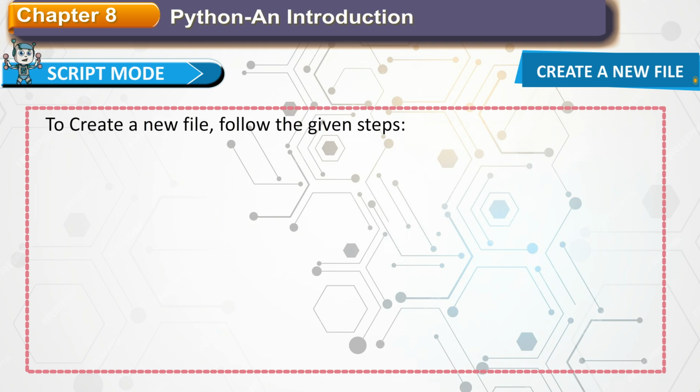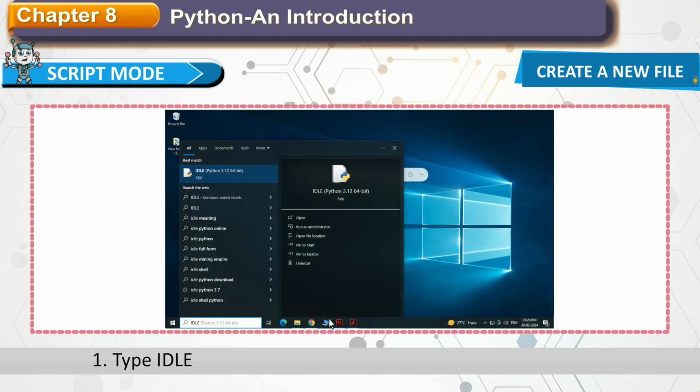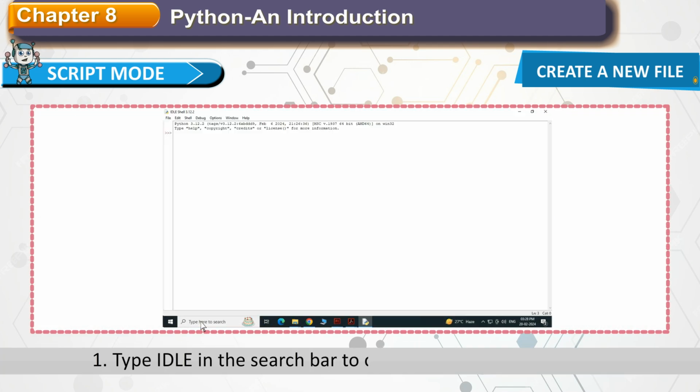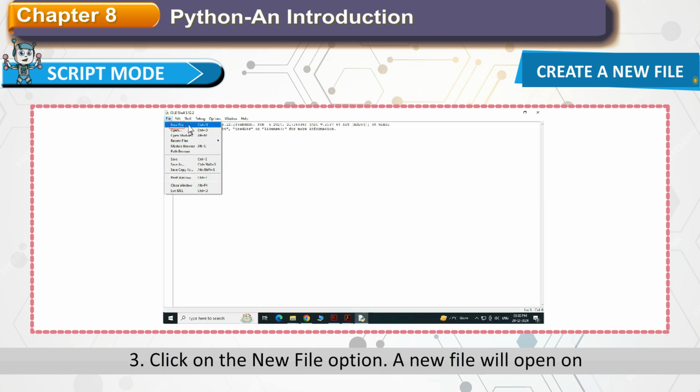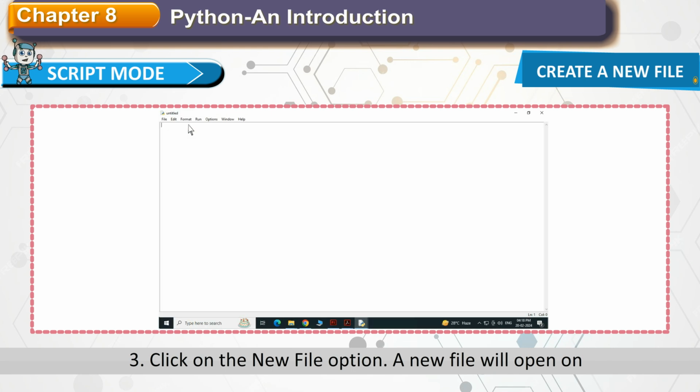To create a new file, follow the given steps. 1. Type idle in the search bar to open the Python IDLE window. 2. Click on the File menu from the menu bar. 3. Click on the New File option. A new file will open on the computer screen.